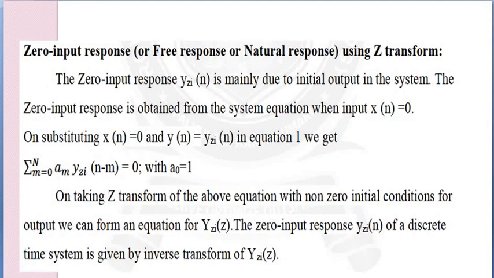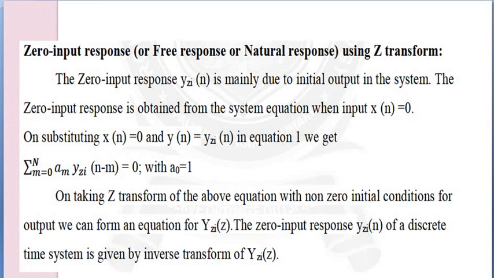Zero input response, or free response or the natural response, using Z transform. The zero input response y_zi(n) is mainly due to the initial output in the system. The zero input response is obtained from the system equation when the input x(n) is equal to 0. On substituting x(n) equal to 0 and y(n) equal to y_zi(n), our zero input response, that is summation m equal to 0 to N of a_m y_zi(n minus m) is equal to 0 with a_0 equal to 1.